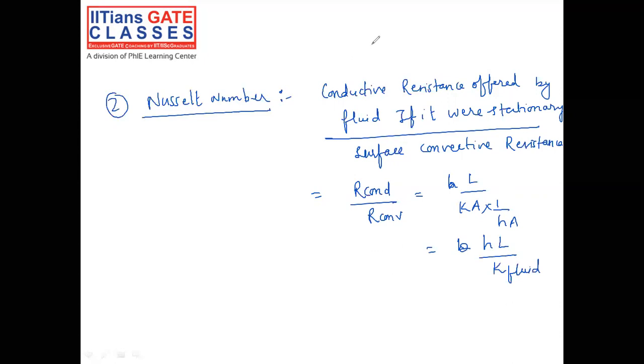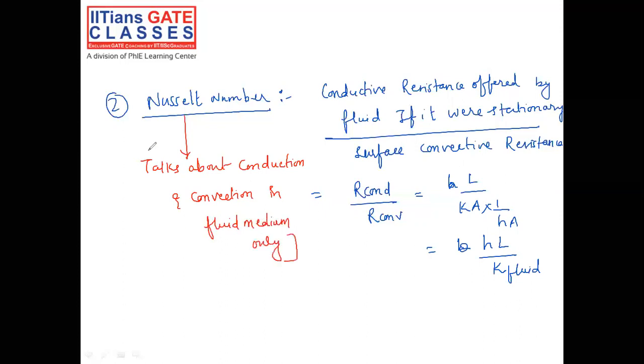That means the Nusselt number talks about conduction and convection in the fluid medium only. We have one Biot number also, which has the same formula, but K is that of the solid.